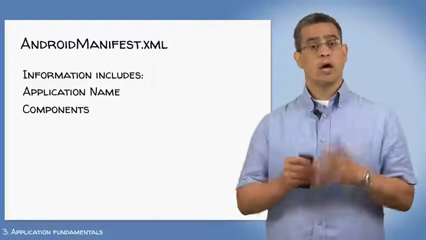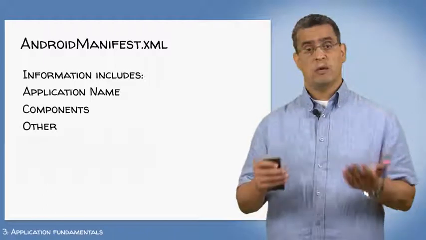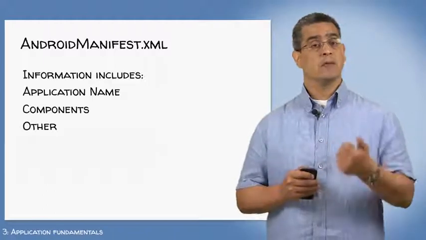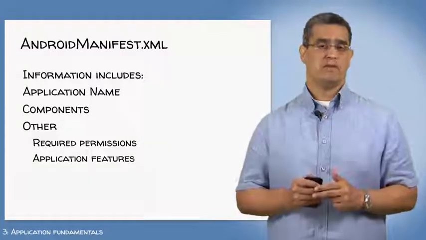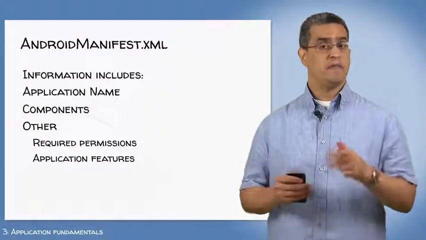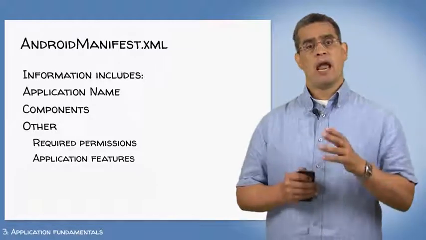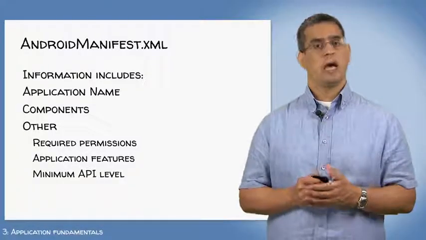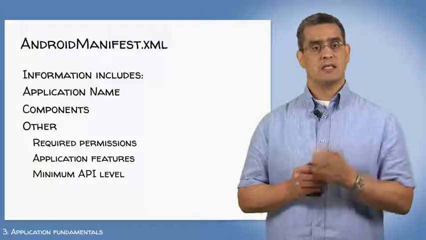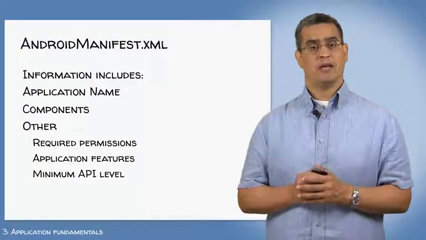It also includes other information that we'll discuss later in the course, things like the permissions that are needed to run this application, the hardware features, such as a camera that this application requires, and the earliest platform version on which this application runs. Let's look at the androidmanifest.xml file for map location.